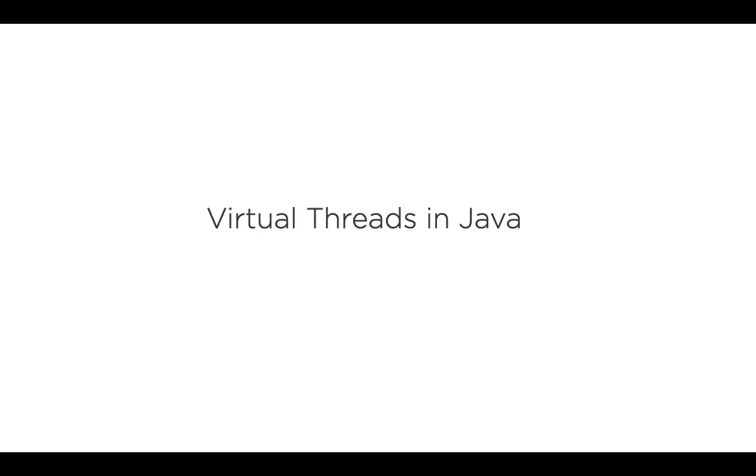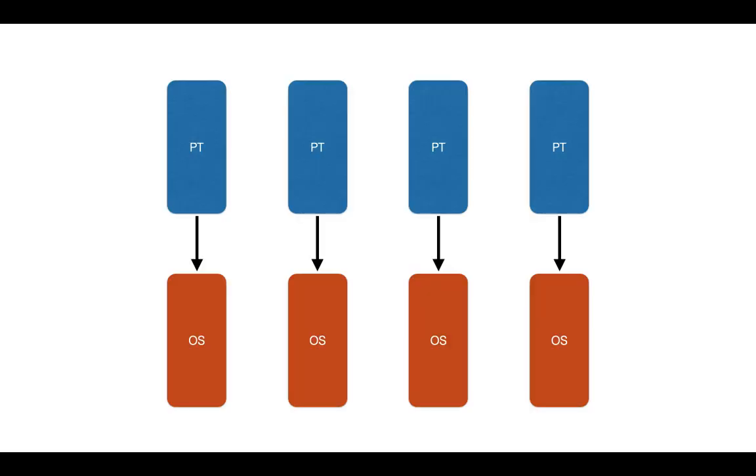I have made a video explaining virtual threads in Java. Please watch it if you want to learn about the concurrency model in Java and how virtual threads help with overcoming the limitations and scaling our application. In short, every request in Java uses a thread, also called a platform thread, which is a wrapper around OS threads. So the number of concurrent requests is limited to the number of OS threads available.